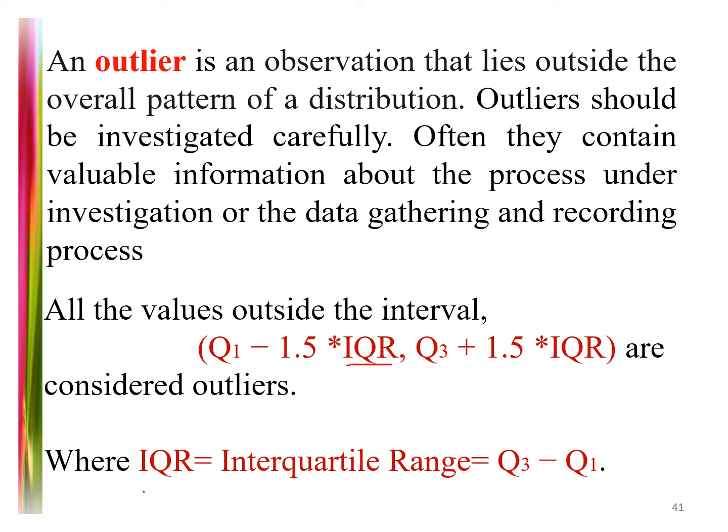IQR means interquartile range, Q3 minus Q1. If you calculate this interval, we call these the inner fence and outer fence. Any data point outside of this interval we call an outlier.